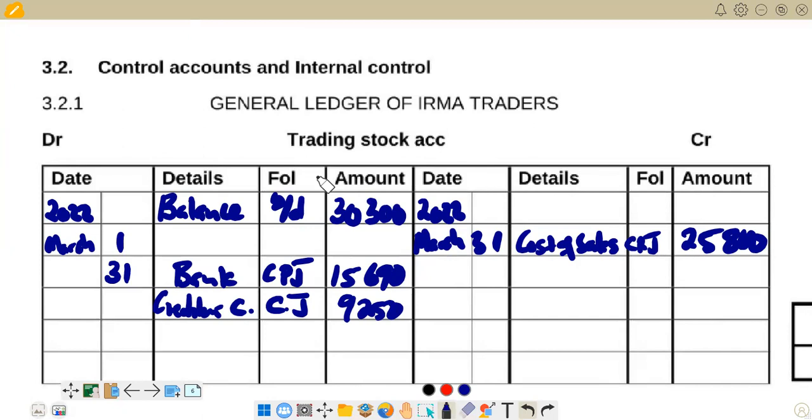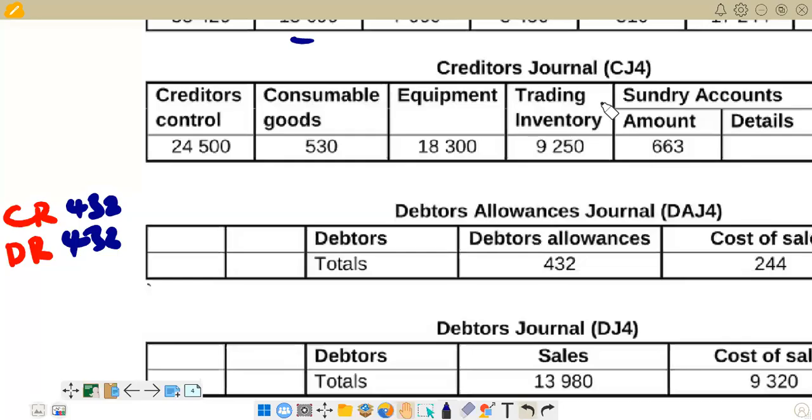We are debiting our trading stock there. When debiting the trading stock, we don't debit using the selling price, because remember, selling price is equal to cost price plus markup.